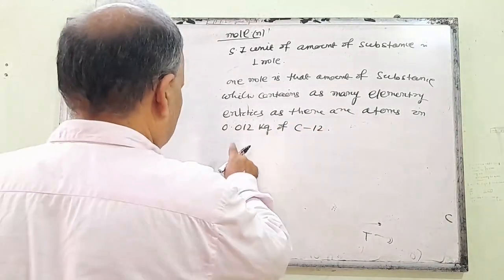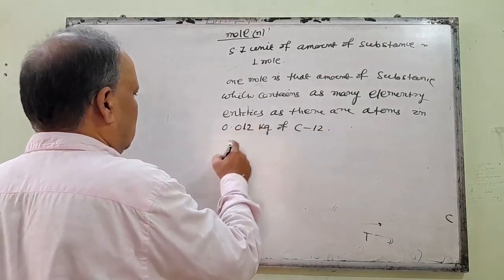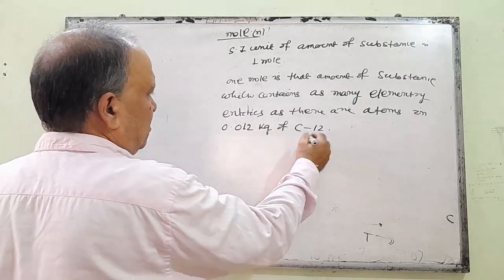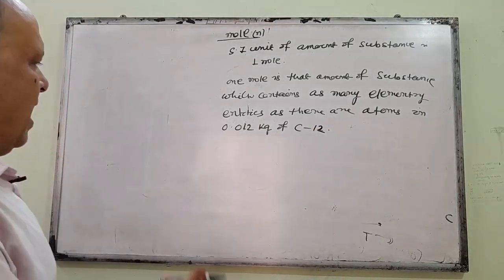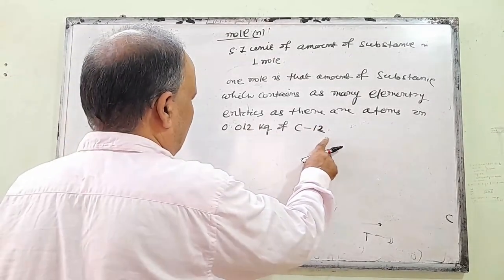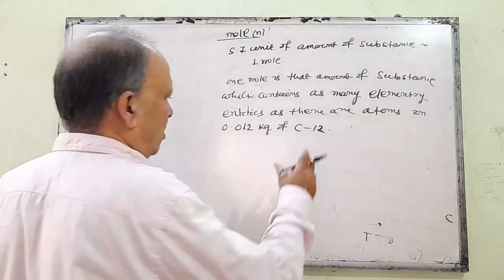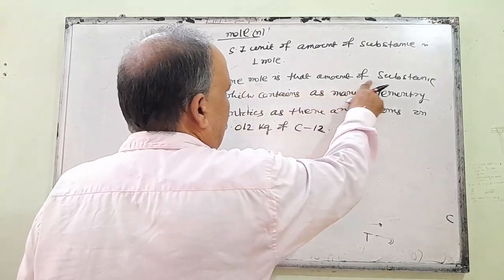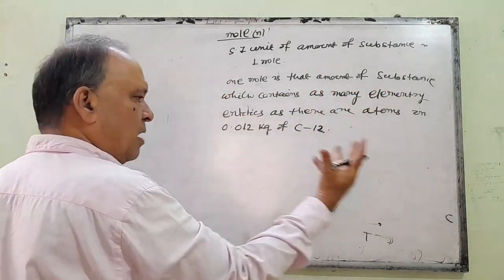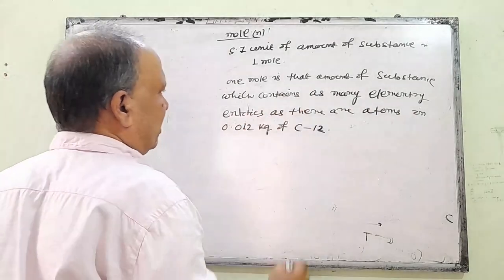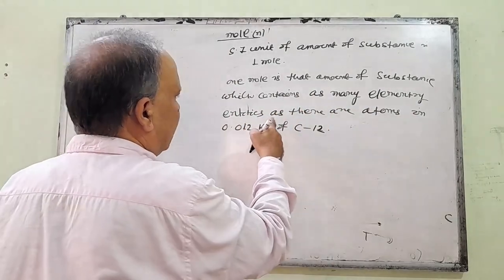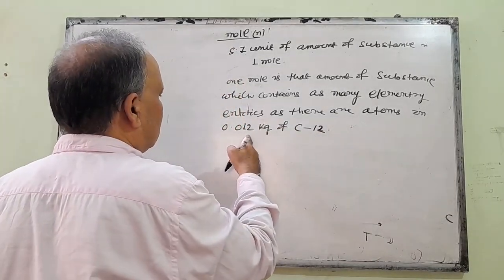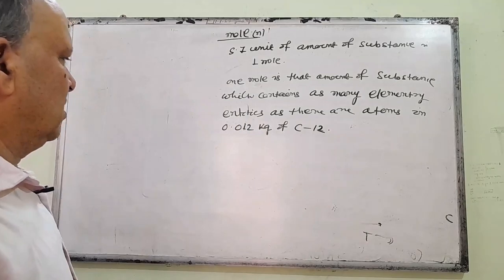You take 0.012 kg of carbon 12, and in 0.012 kg of carbon 12 we count the number of atoms, and you see 1 mole is that amount of a substance which contains as many elementary entities as there are atoms in 0.012 kg of carbon 12.